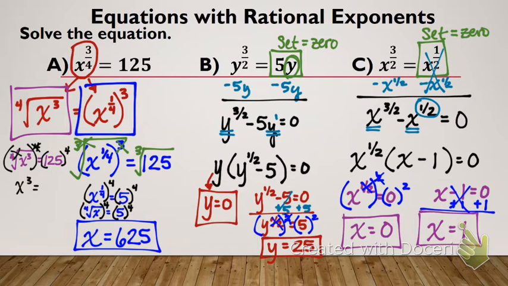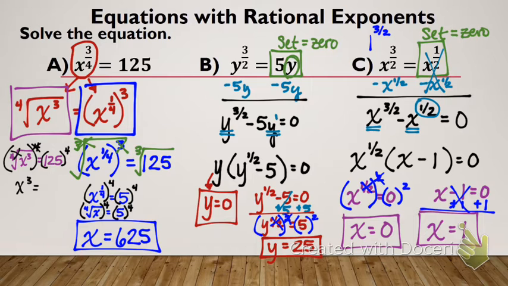Yes, sir. So how did we get x equals 1? If you try to plug it back in, it wouldn't work at all. Well, let's check it. That's a great opportunity for us to go back and check to see if it actually works. Do you guys agree that 0 would work for both? Okay. So if I do 1 to the power of 3/2, what's 1 squared? What's 1 to the 3rd power?